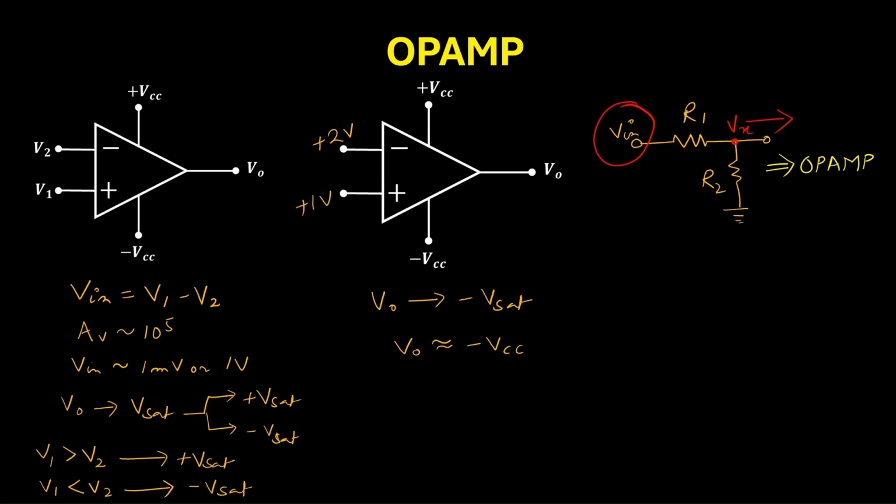So what you have to do is calculate this Vx, that is the voltage drop across R2. You have to use the voltage division rule. So Vx is equal to R2 divided by R1 plus R2 into V input.